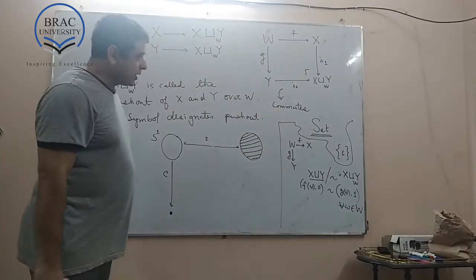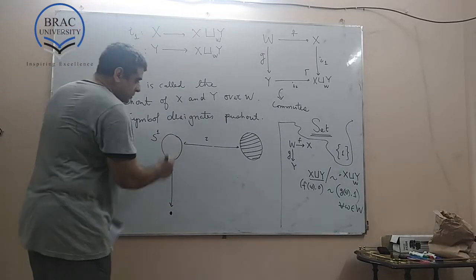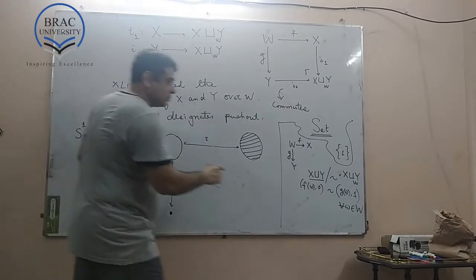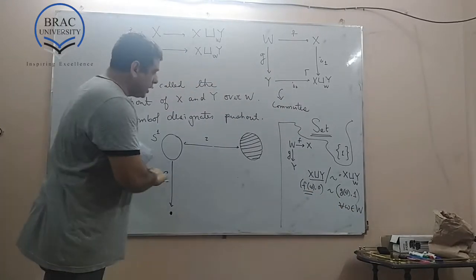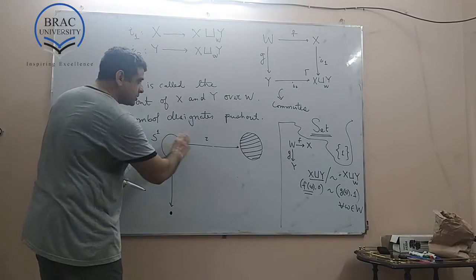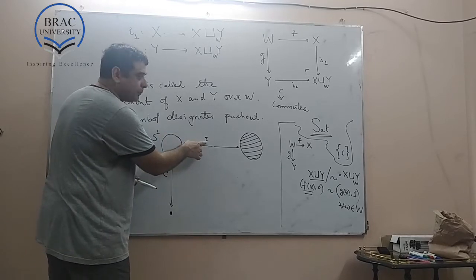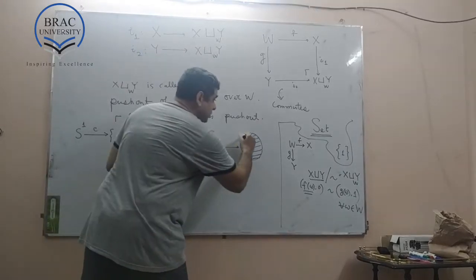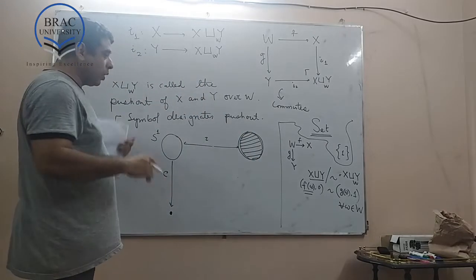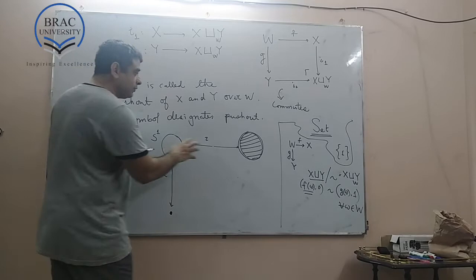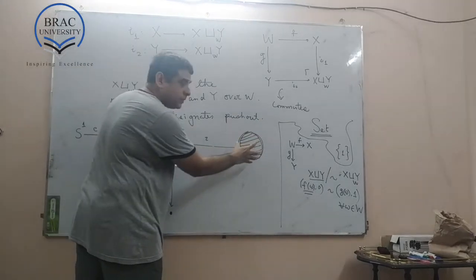What are the f(w)? They are the images of w for all w in W, so the images of this circle under this map, this boundary. If you take all the images under this map, you will get the boundary of this two-disk.